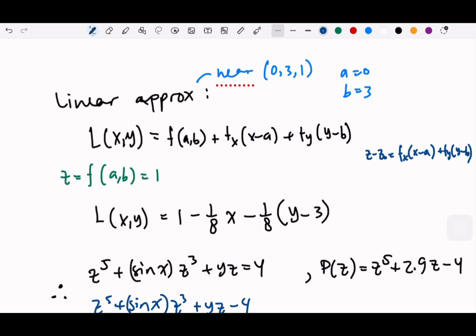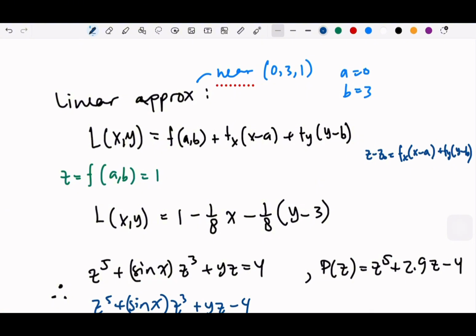All the partial x and partial y we have done in the implicit differentiation, which is negative 1 over 8. So we can input negative 1 over 8 here. X is 0, and then this will be y minus 3. f(a,b) is z, this one over there, right? So 1. So this is the linearization, the approximation.